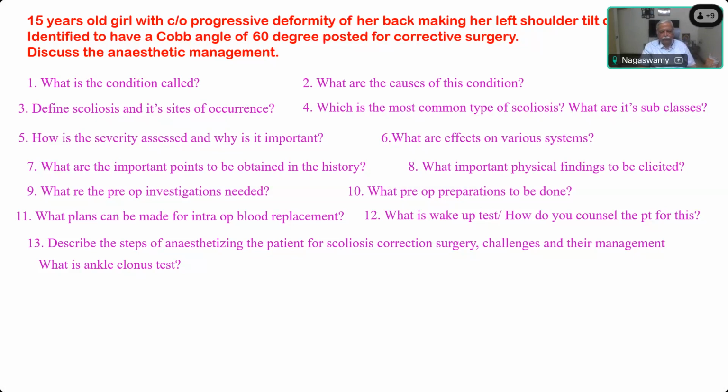What is the ideal mean arterial pressure you should try to maintain? 55 to 65 millimeters of mercury. Very good. So lesser than that, what is the risk? Inadequate renal perfusion, sir, and decreased urinary output. Are you worried about renal perfusion in this surgery? Spinal cord ischemia, sir. The spinal cord ischemia also can affect the neurological function.